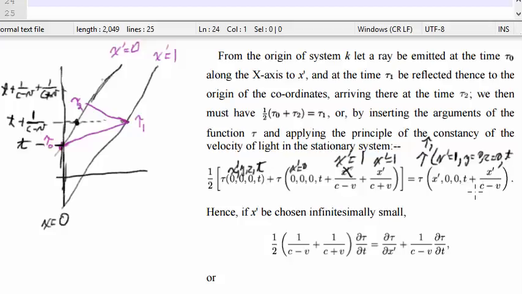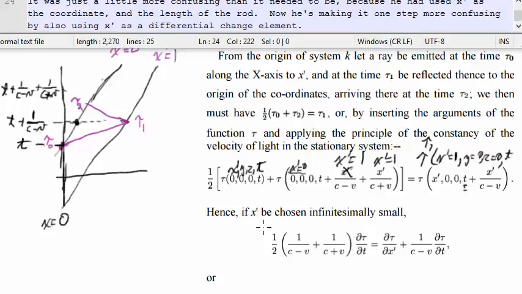See, and this is really confusing because he's overusing these variables. He's using t, well, he doesn't even define, but he's treating the letter x prime as both a coordinate and a constant, which makes it a little bit more confusing than it needs to be.